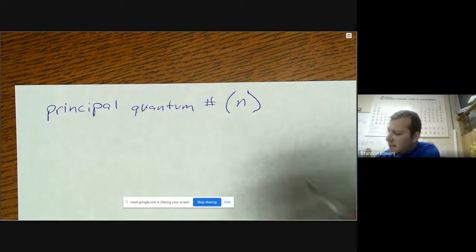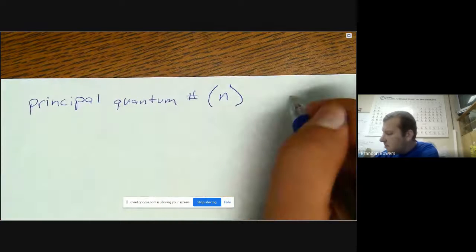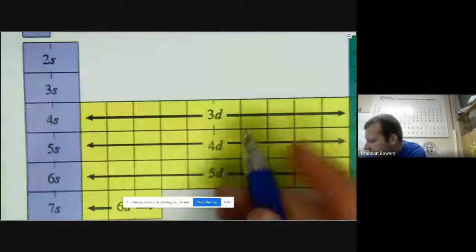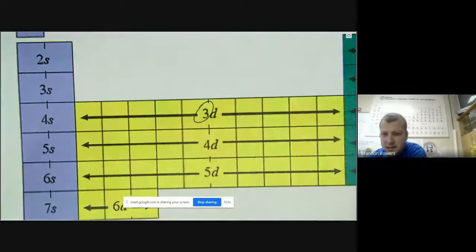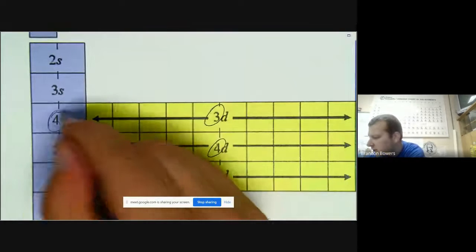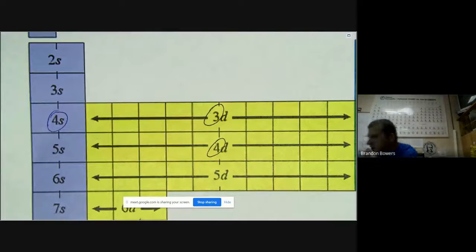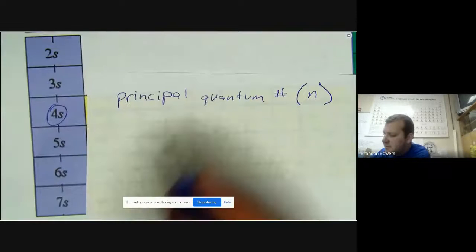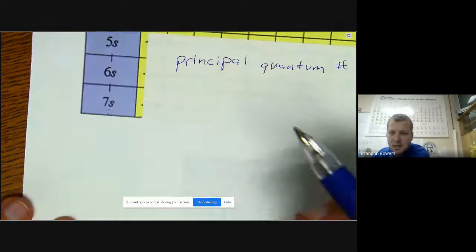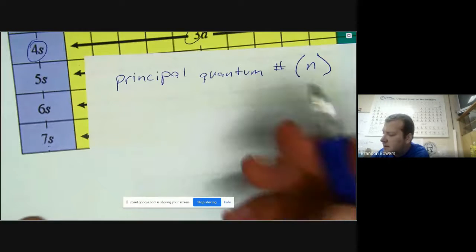For example, on this paper, the energy level is basically 3, 4, over here, 4. That's the energy level. n can go up to 7, the largest number it can be on the periodic table.